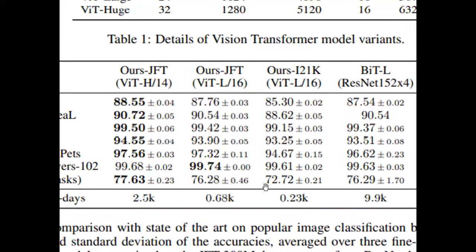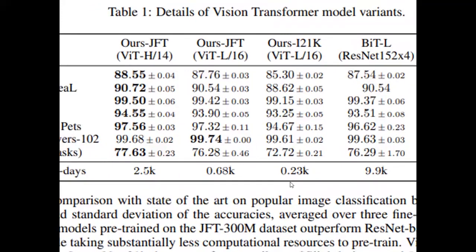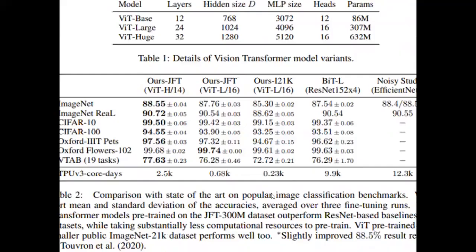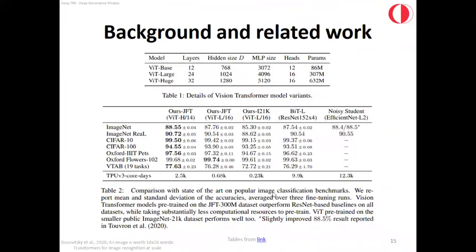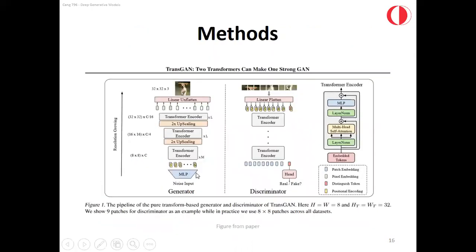Another advantage is that we could see that it is computationally efficient with respect to convolutions. That's why transformers in computer vision are becoming main operations, I could say.